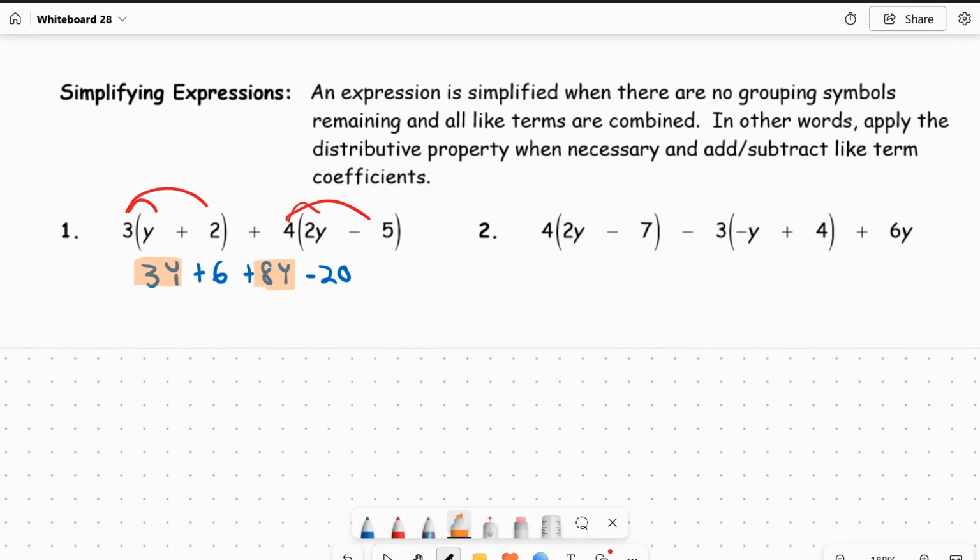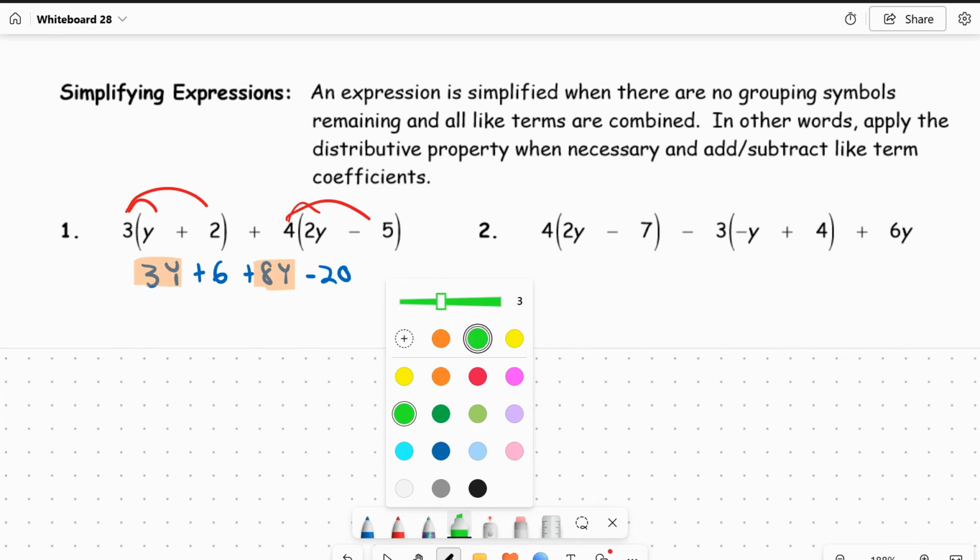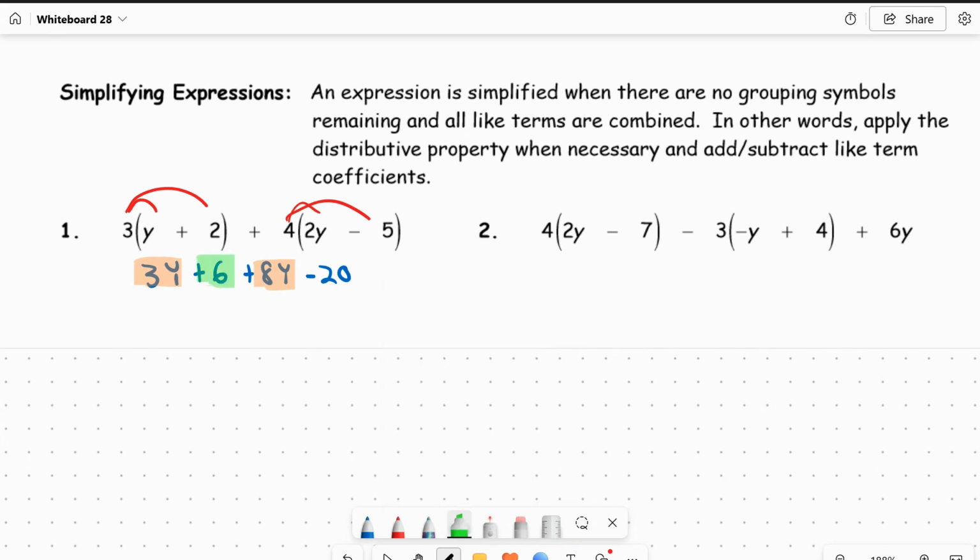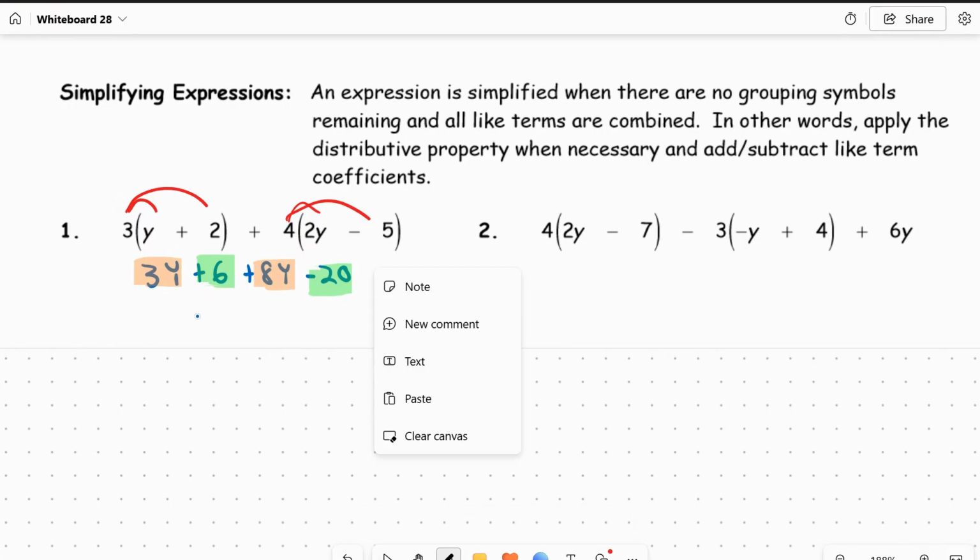And then here is where you are going to combine your like terms. So remember, like terms, you need the same degree or same exponent along with same variable or constant. So I have 3y plus 8y, which is 11y. 6 plus negative 20 is negative 14. And that would be my most simplified form for that expression. Once again, try the second one on your own and we'll go over it together in class.